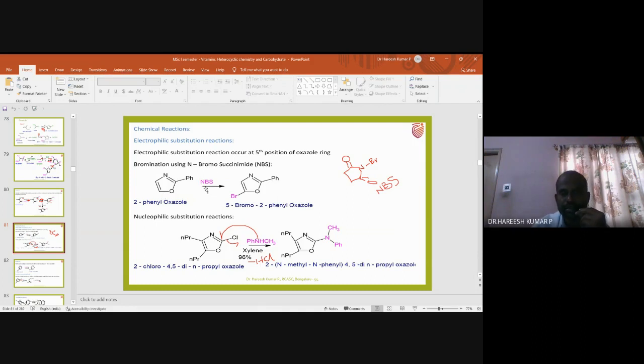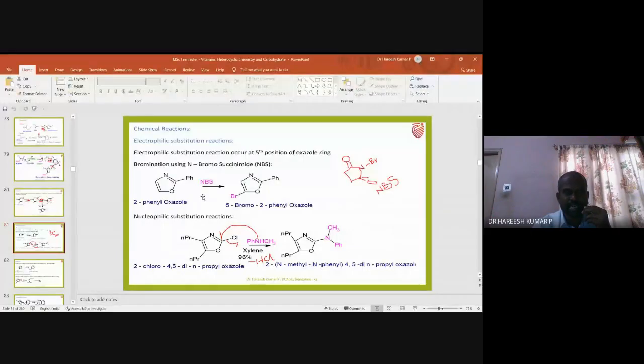Otherwise, we can say 2-phenyl oxazole undergoes bromination with NBS, N-bromosuccinimide, and gives 5-bromo-2-phenyl oxazole. Only one reaction I am showing for the electrophilic substitution reaction, and I am not showing nitration. Maybe in the next slide I will show.